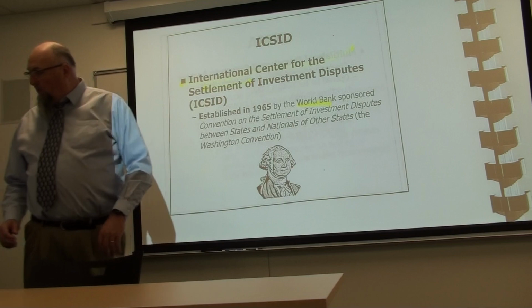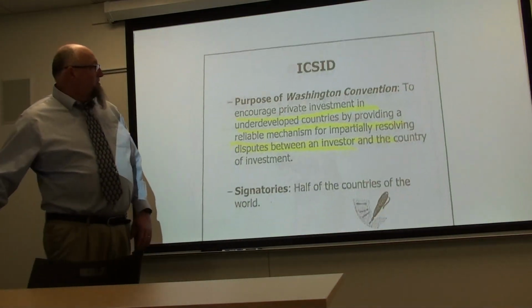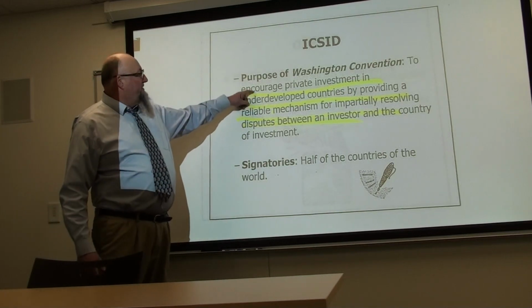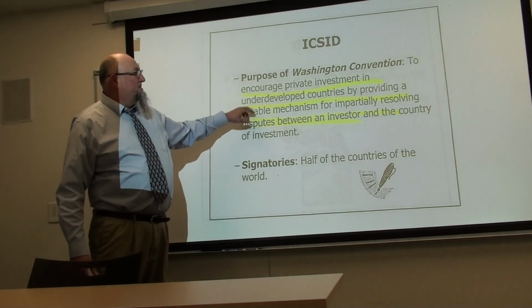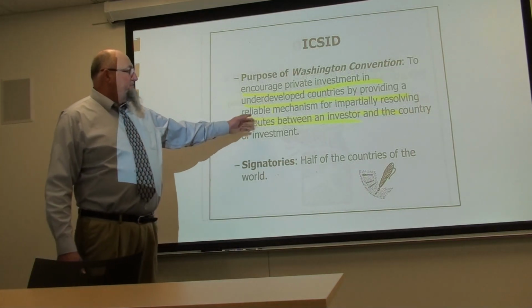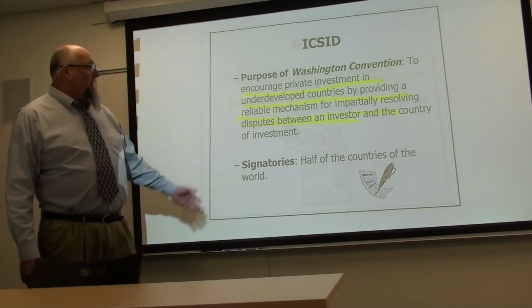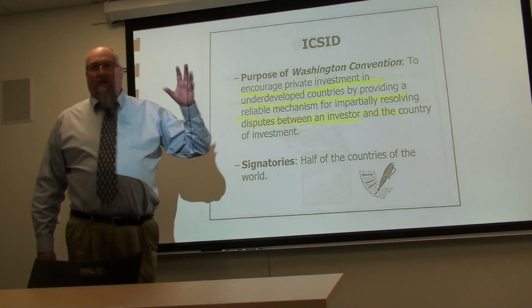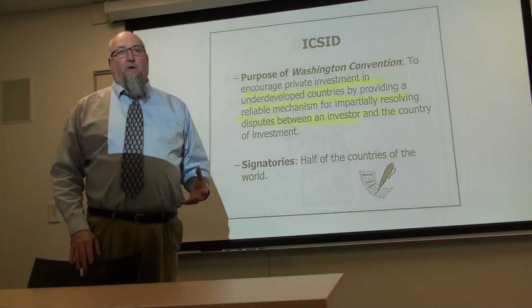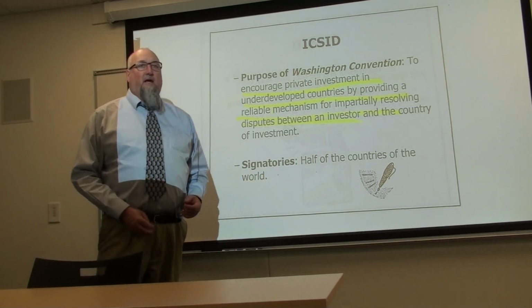So the purpose, on the next page over, was to encourage private investment in underdeveloped countries by providing a reliable mechanism for resolving disputes between an investor and the country of investment. And about half the countries of the world, 90-ish if I remember, are signatories to the Washington Convention, which is the treaty that established it.